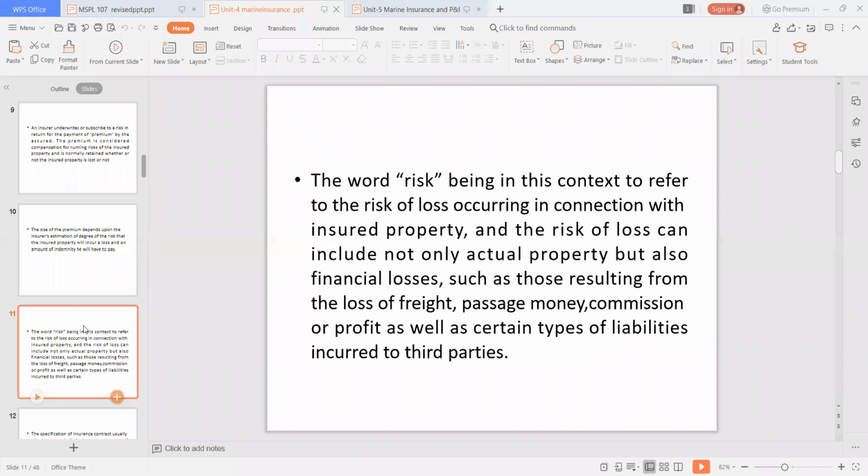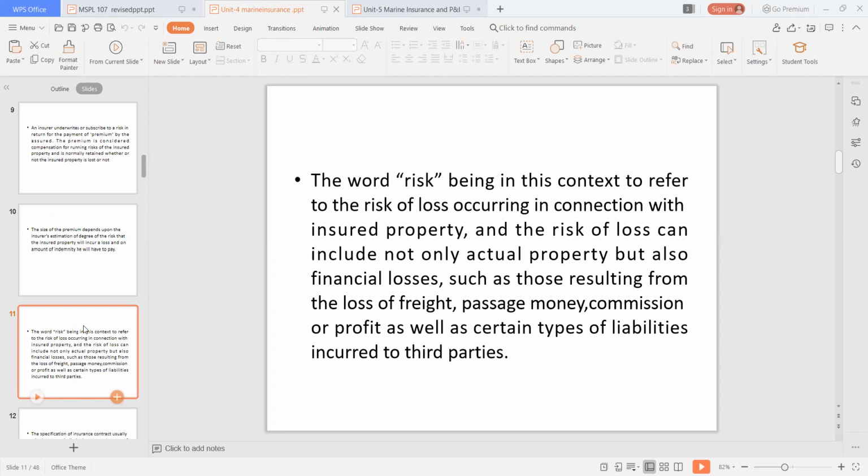Next, the word risk in this context refers to the risk of loss occurring in connection with the insured property. The risk of loss can include not only actual property, but also financial losses, such as those resulting from the loss of freight, passage money, commission or profit, as well as certain types of liabilities incurred to third parties.